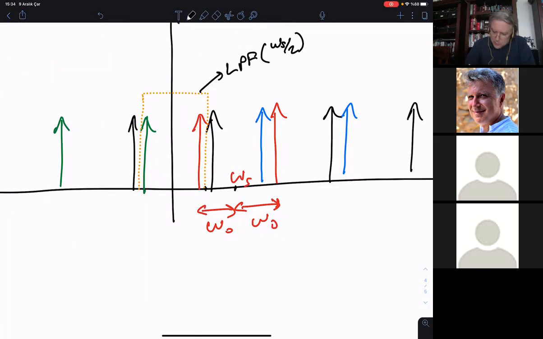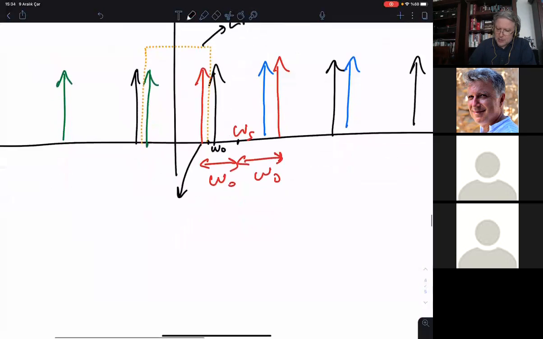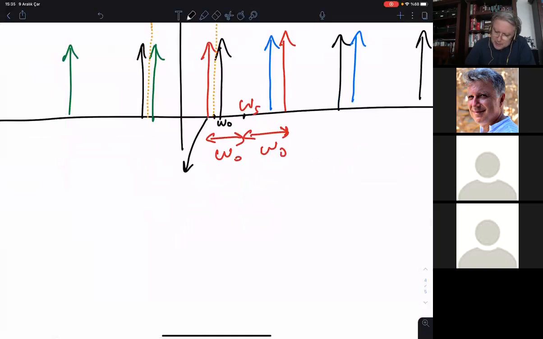Now, the original frequency of my sinusoid was omega 0. Now, the new frequency is not omega 0 anymore. It will be omega s minus omega 0, which is less than omega 0, by the way.